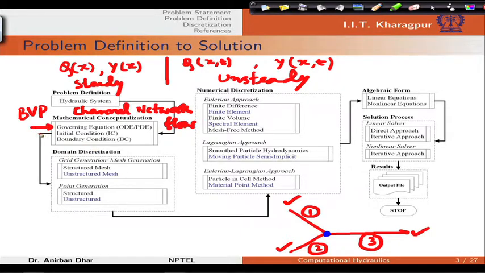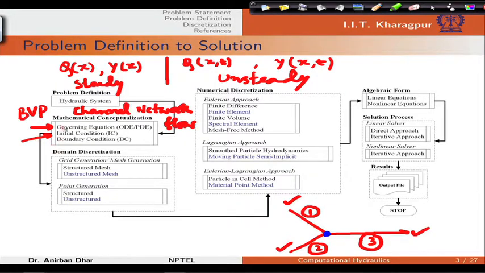Governing equation, we need governing equation for this one. We have two quantities, that is Q and y. So, we need two governing equations for this problem. At the same time, we also need initial condition, because what is the initial state that is important for any unsteady problem.